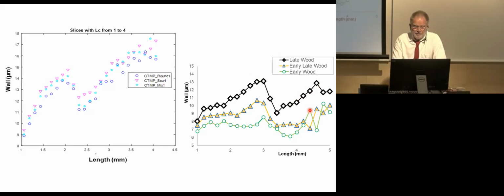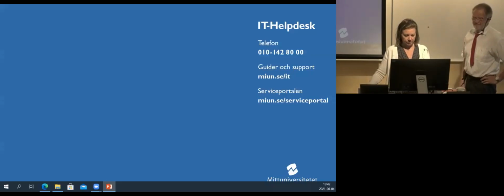So the final illustration now, we started with measuring fiber length. How difficult could it be to measure a length?